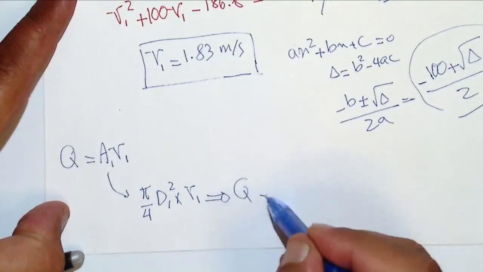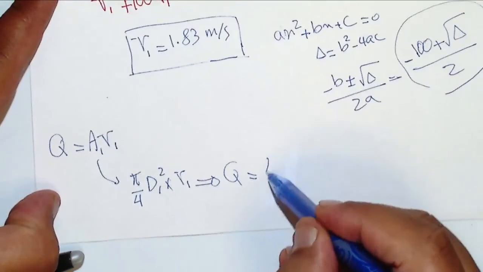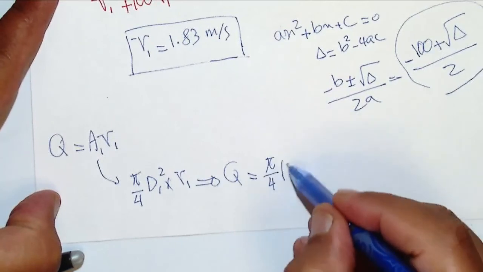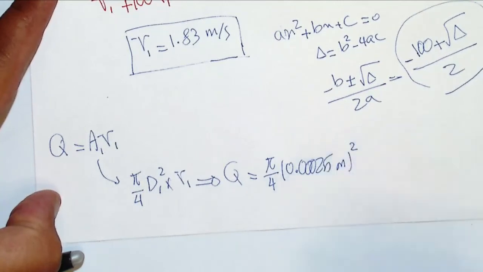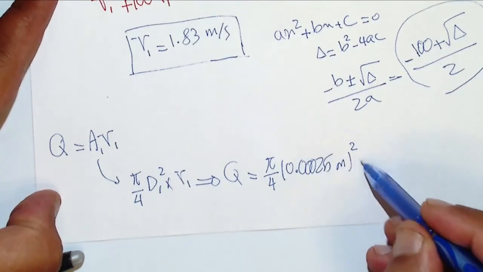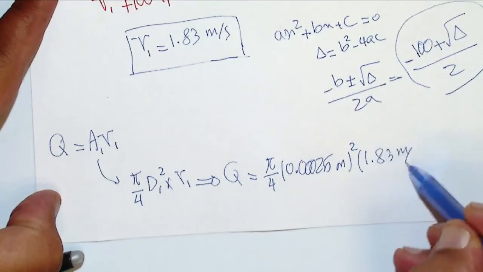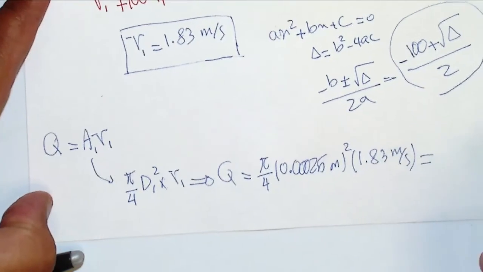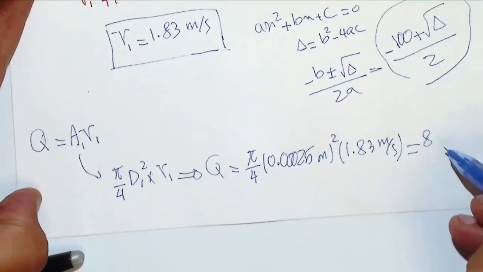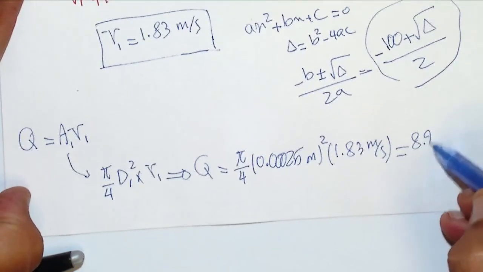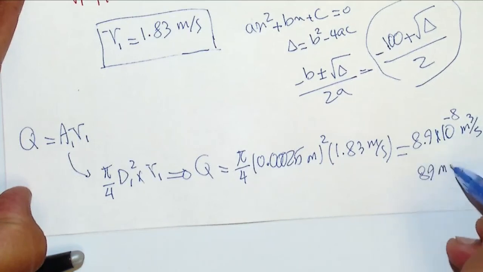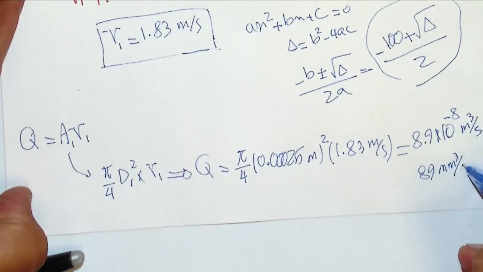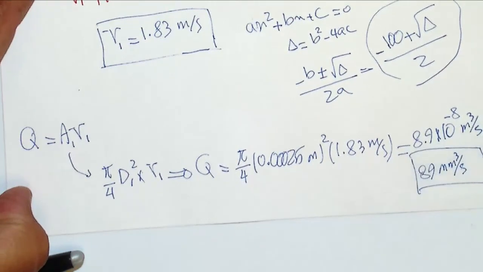Then Q is going to be pi over 4 times 0.00025 meter squared times 1.83 meter per second, which is 8.9 times 10 to the power of minus 8 meter cube per second, or 89 millimeter cube per second. That's your answer for Q.